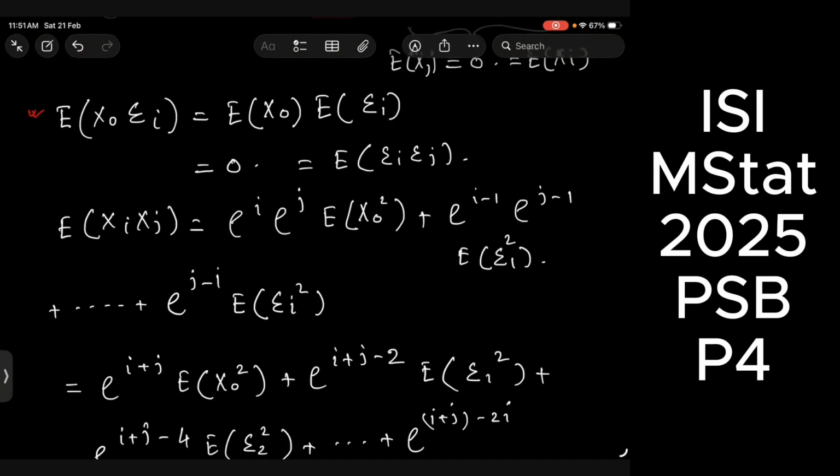So this is actually evident as x naught and all epsilon i's are independent. So this is quite trivial, correct?